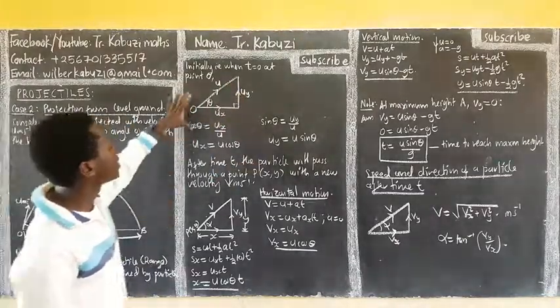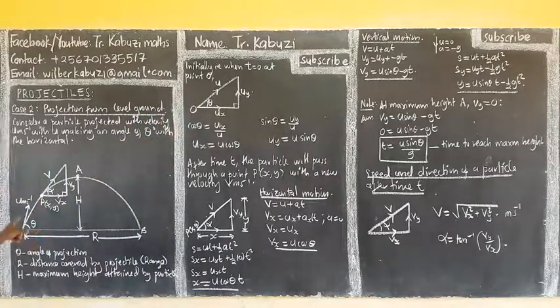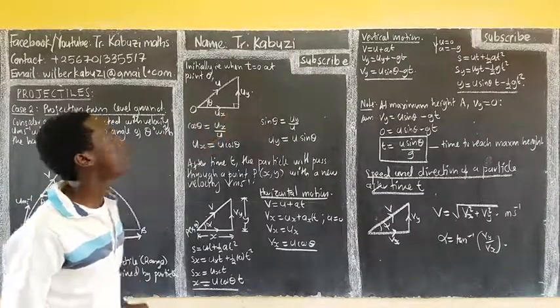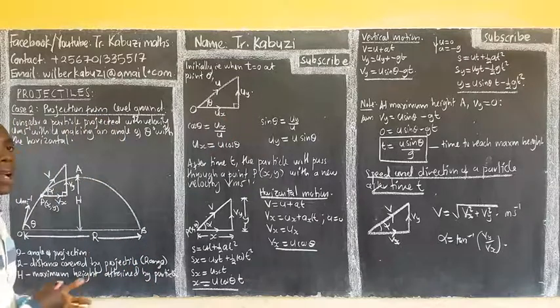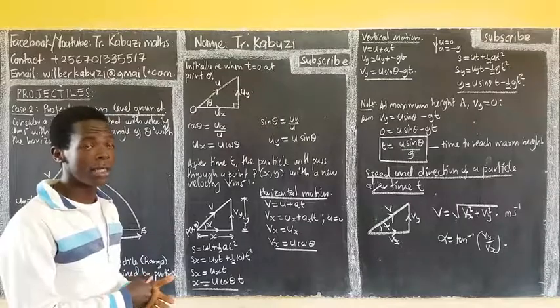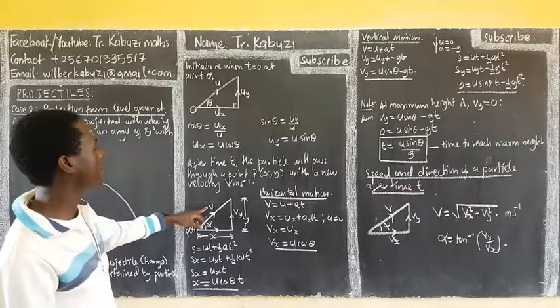But now this was initially, at time zero. That's why we are resolving this velocity u into the x component and the y component. Now, after time t, whenever some time has elapsed, our velocity is going to change. So now we have velocity v.